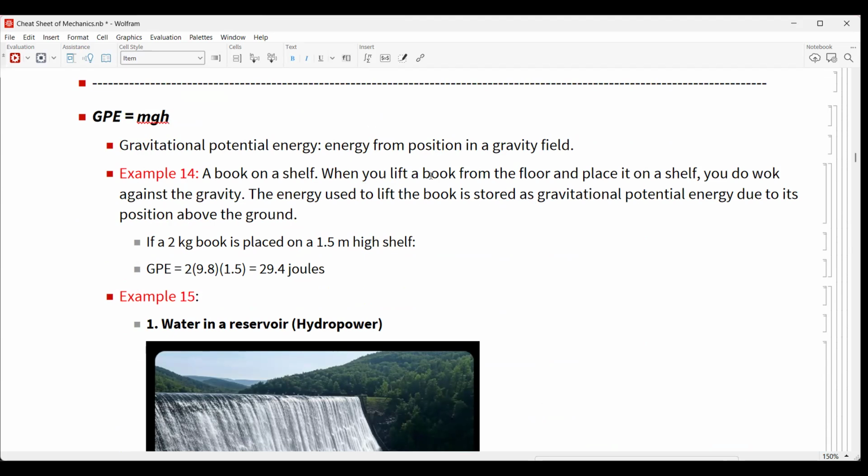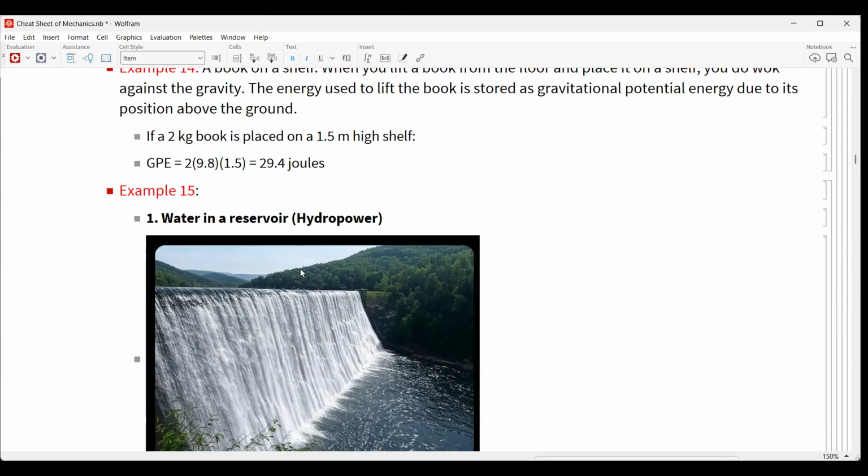The energy used to lift the book is stored as gravitational potential energy due to its position above the ground. If a 2-kilogram book is placed on a 1.5-meter-high shelf, the gravitational potential energy is 2 times 9.8 times 1.5, equal to 29.4 joules. The mass is 2 kilograms, the acceleration due to gravity is 9.8, and the height is 1.5.